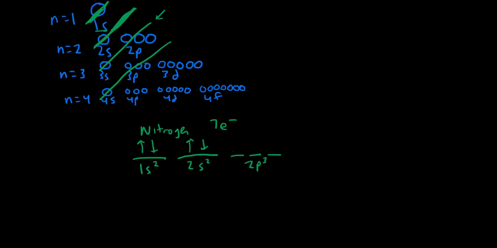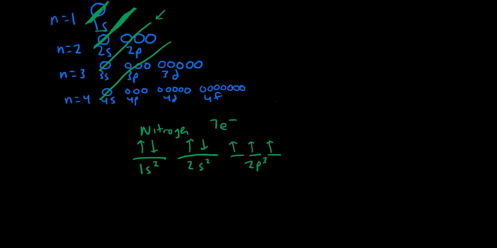And then we start by doing the up arrows first always, because of Hund's rule. And so, as you can see, 2 plus 2 plus 3 adds up to 7. And so this is our orbital diagram notation right here.